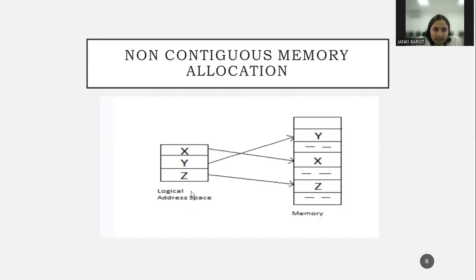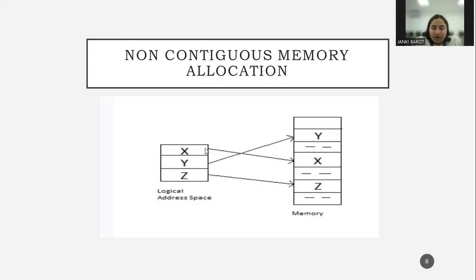Here the logical address space is there, with X, Y, and Z processes. This is the main memory. Here we do not have a continuous memory location. If this unit of memory is free, and the size of this memory unit and the requirement of the Y process match, then Y is assigned to this memory unit.